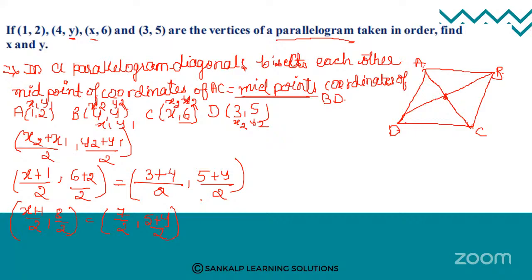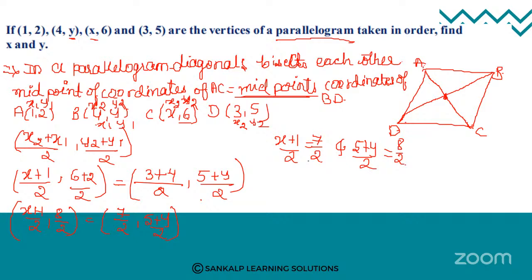Okay. Now, this is x, this is also x, and this is y, this is also y. So equate x with x and y with y. Then (x plus 1) divided by 2 is equal to 7 divided by 2, and 8 divided by 2 is equal to (5 plus y) divided by 2.